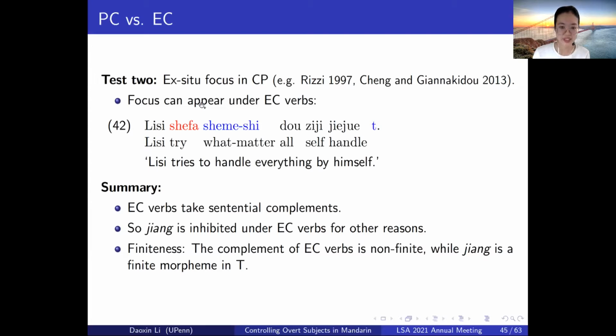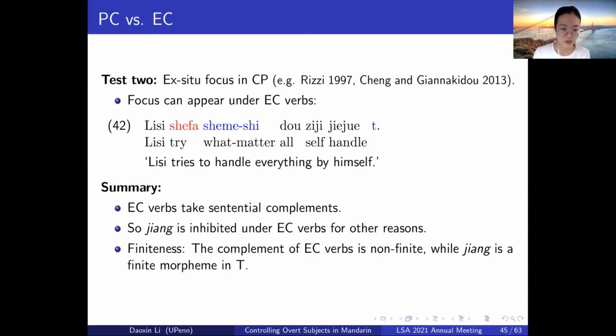And the next test is that ex-situ focus is in CP. This is true either generally or for the kind of what-matter focus in Mandarin. This is moved from the object position, and it can appear under exhaustive control verbs. It's grammatical to say 李是 try what matter all self-handle, meaning 李是 tries to handle everything by himself.